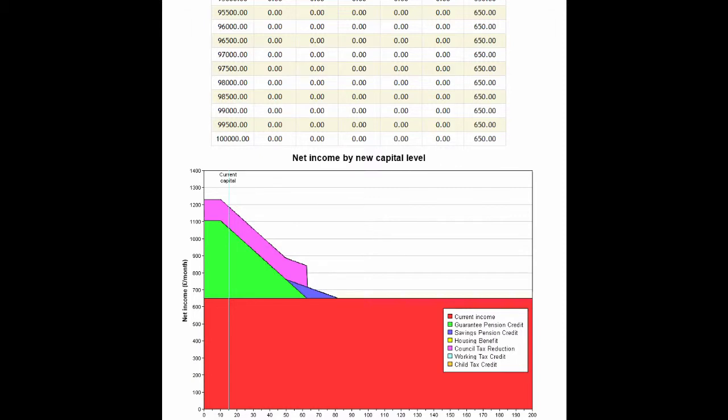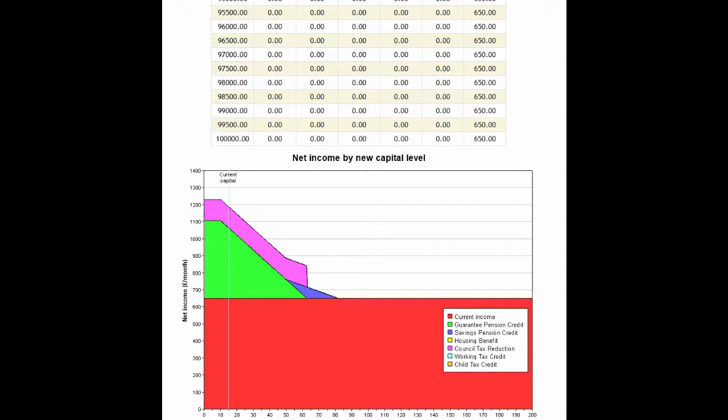The red block at the bottom is the current income, which is state pension. Above it are the three benefits in different colours. Green is guarantee pension credit, blue is savings pension credit, and purple is the council tax reduction. You'll also notice there's a line showing where the current amount of capital being held falls.